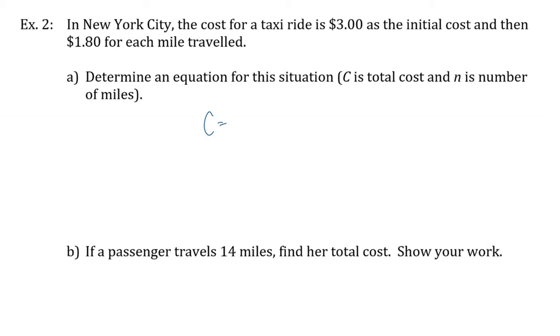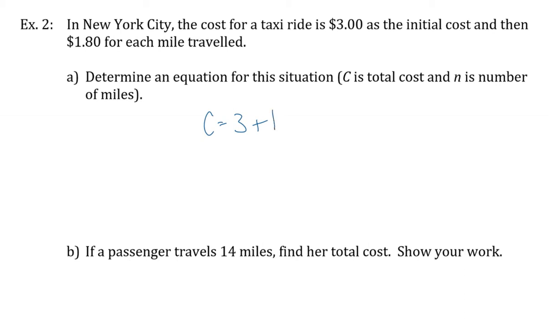If you used a different variable, you would not lose marks. Technically, this question is telling us to use C, but generally speaking, we're not as worried about using the same variable every single time. So the initial cost that happens one time is $3. So that's $3 plus $1.80.